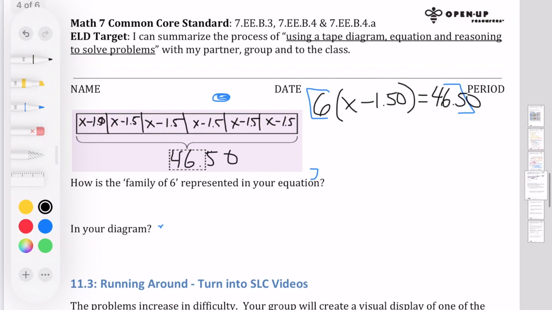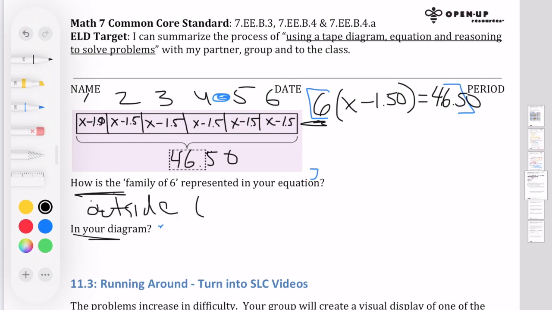Now, I already told you that the 6 family members are represented by the 6 boxes that I drew, and then the 6 in my equation is outside the parentheses, and what goes inside is the cost of each family member.